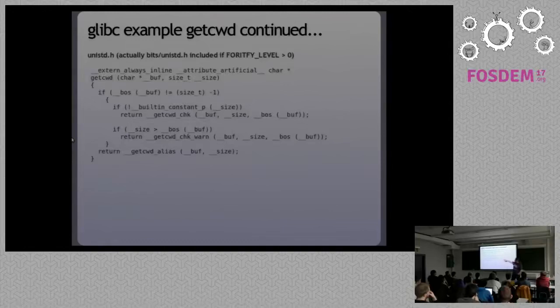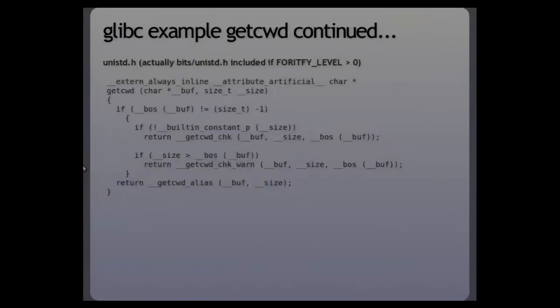If everything is a constant, then this is defined as an inline function in the header file. So just the warning function gets called, and you get a warning at compile time, which is really nice. Otherwise, if we do know the buffer size, but the size given by the user isn't a constant, then we call the checking function.